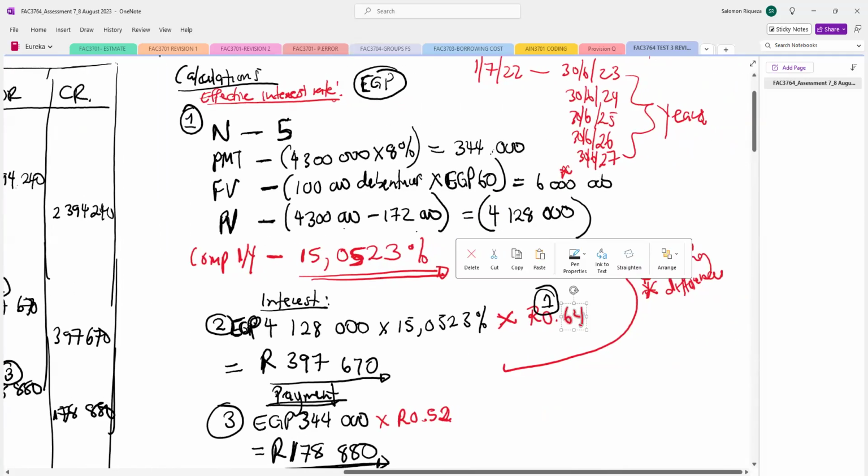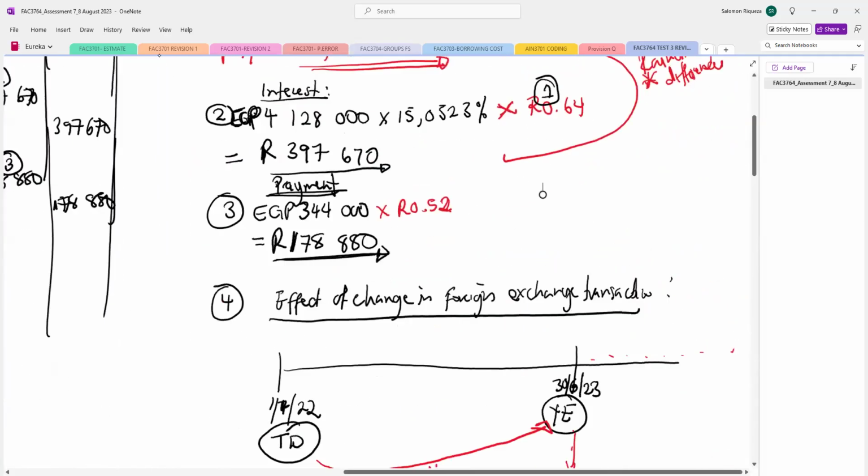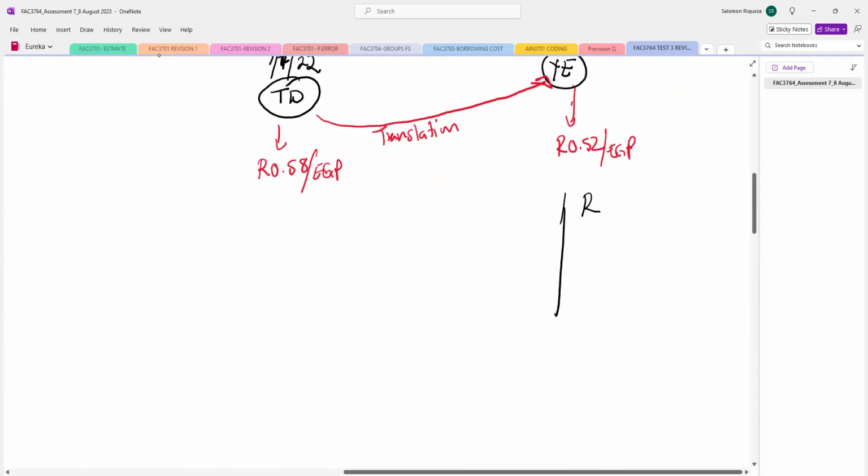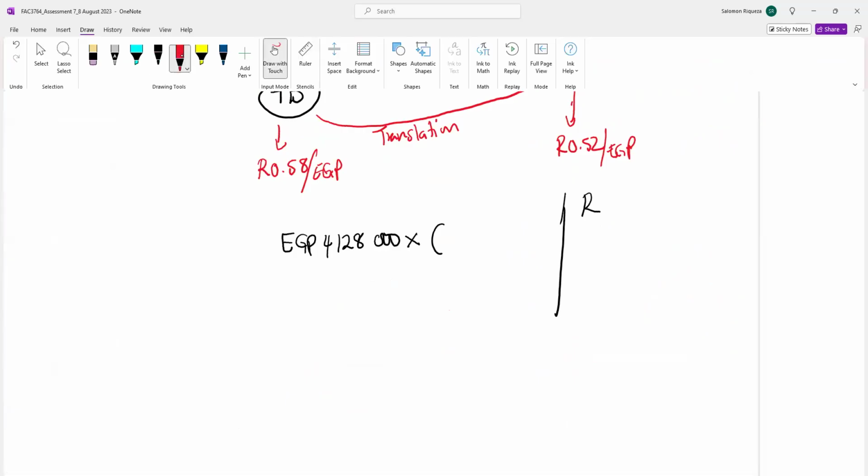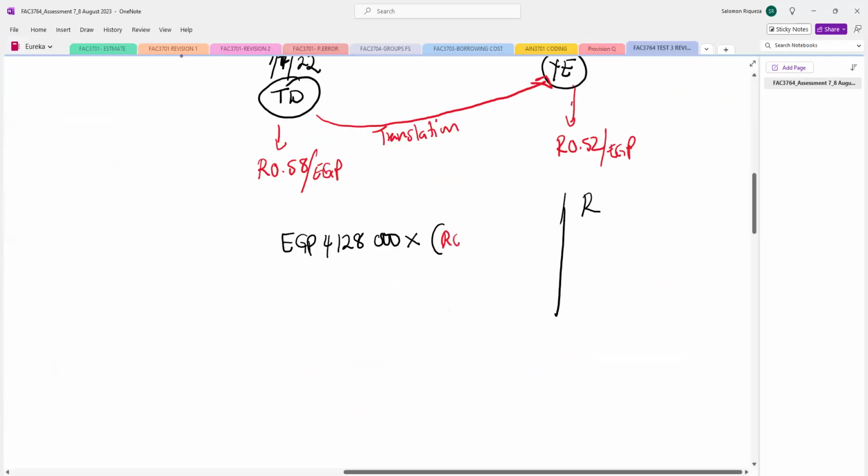So the value was 4,128,000 Egyptian pounds. I'm going to multiply this by the difference between now, which is 52, and 58. So I'm just going to start with the bigger one, minus.